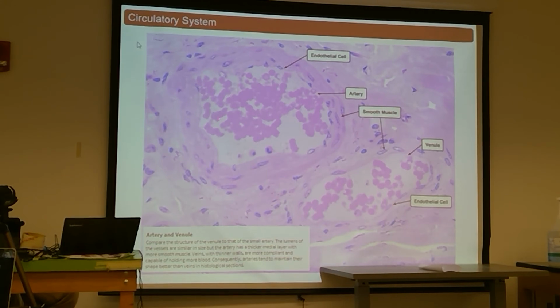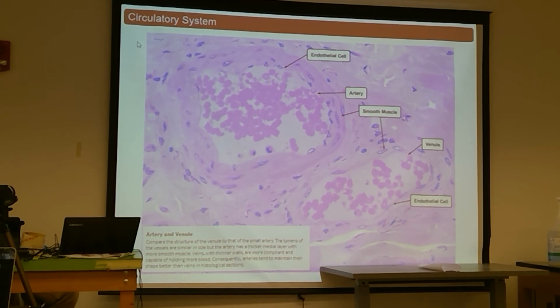You're seeing the size of this lumen compared to the wall from this structure, right? And this one here has a little bit more than probably 3 layers if you count: there's 1, there's 2, there's 3. So this one is still considered a small muscular artery. And this is going to be your venule, which has barely 1 layer of the smooth muscle.